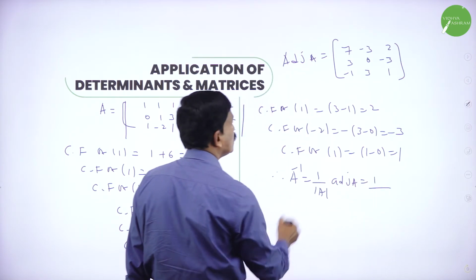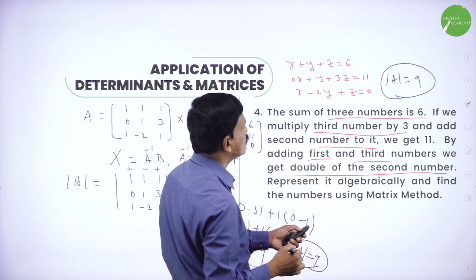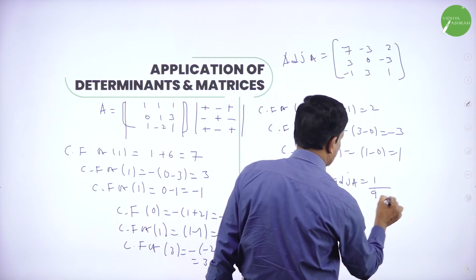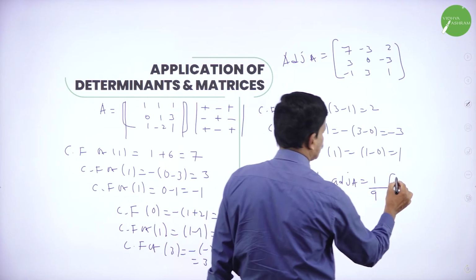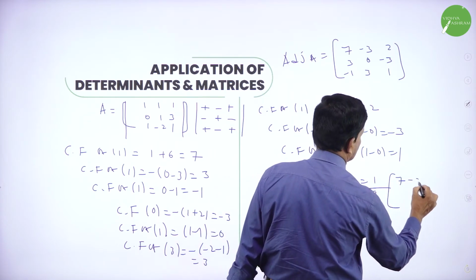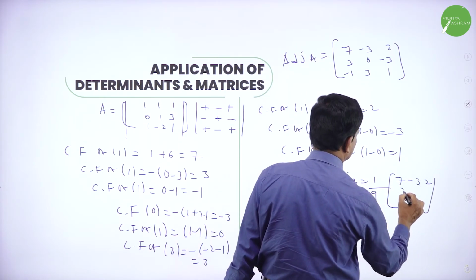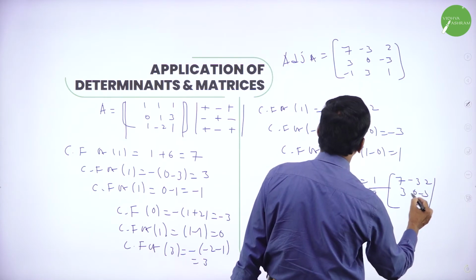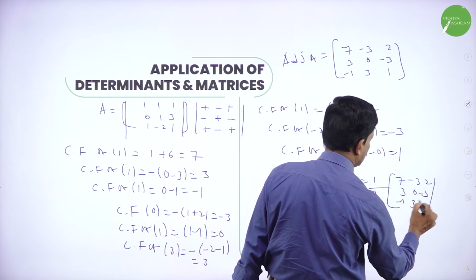Now, therefore, A inverse is equal to 1 over determinant of A into adjoint of A. 1 over determinant A is equal to, what is the value of determinant A? It is 9. 1 over 9 into adjoint: 7, minus 3, 2; 3, 0, minus 3; minus 1, 3, 1.